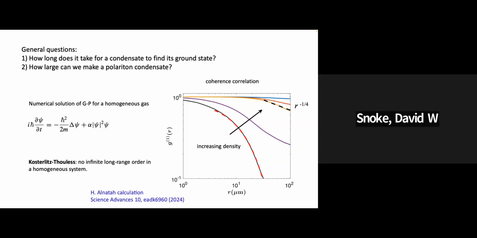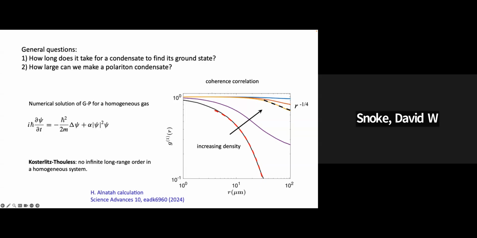On the other hand, there's the spatial size: how big of a condensate can you make? In 2 dimensions, there's a theorem, the Berezinskii-Kosterlitz-Thouless theorem, which basically says you cannot have infinite long-range order. This is a very nice model done by Hassan of just solving Gross-Pitaevskii and then plotting the first-order correlation function as you turn up the density.